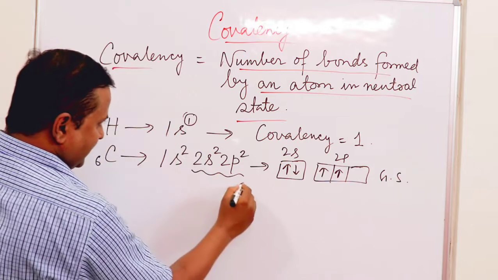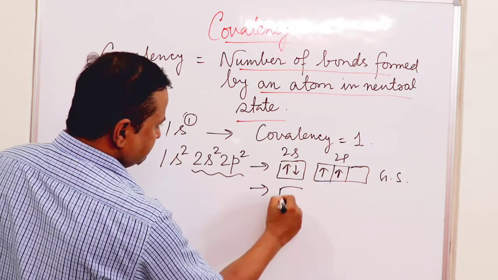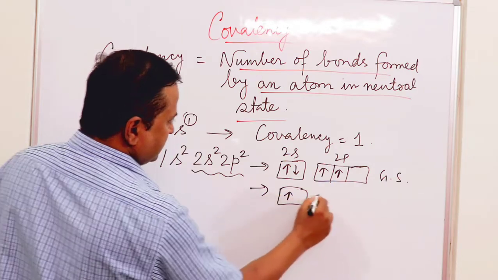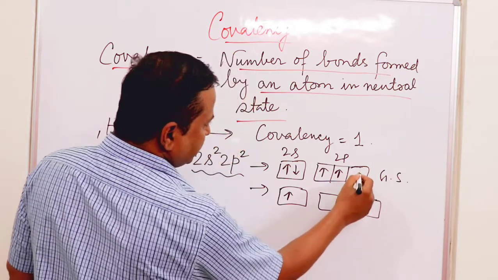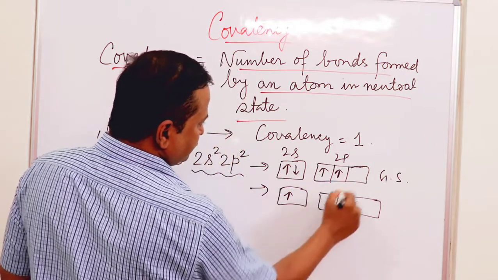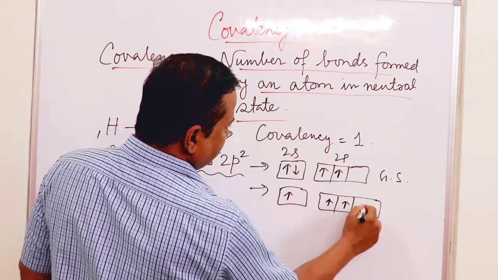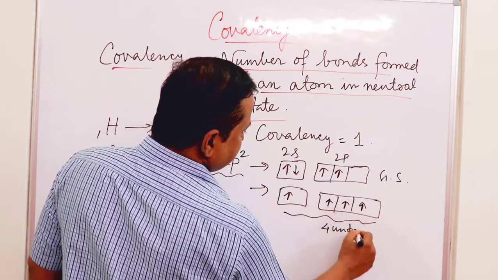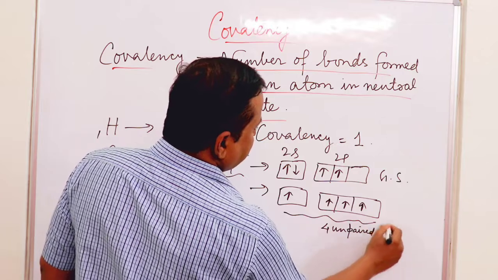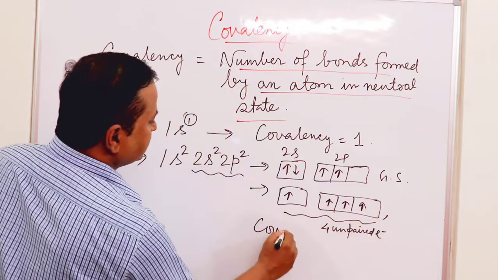Now in the excited state, what will happen? You can see there is a vacant p orbital, so this electron can come here. So there are 4 unpaired electrons.